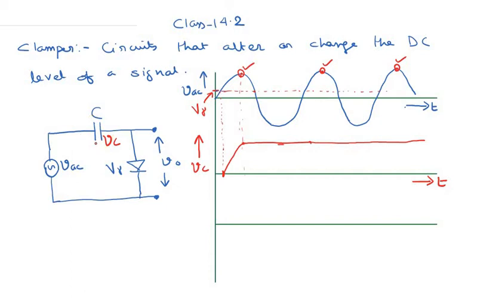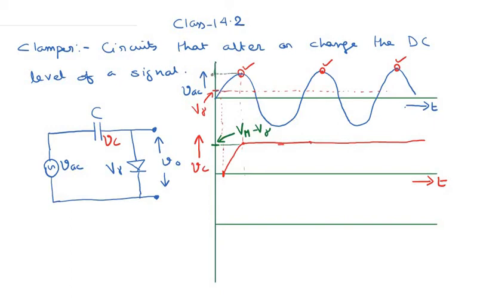It is at its maximum value, and what should be the maximum value of the charge across the capacitor? This maximum value should be Vm minus V gamma, where Vm is the amplitude of this sinusoidal voltage.